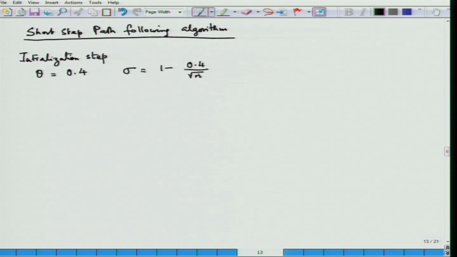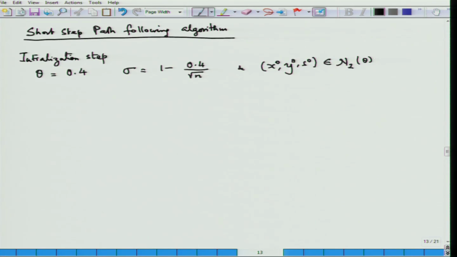You will see these choices are helpful, because with these choices you can show that the whole algorithm is in polynomial time, and your starting point, x0 lambda0 s0 y0, has to be in the neighborhood; this guarantee has to be taken.